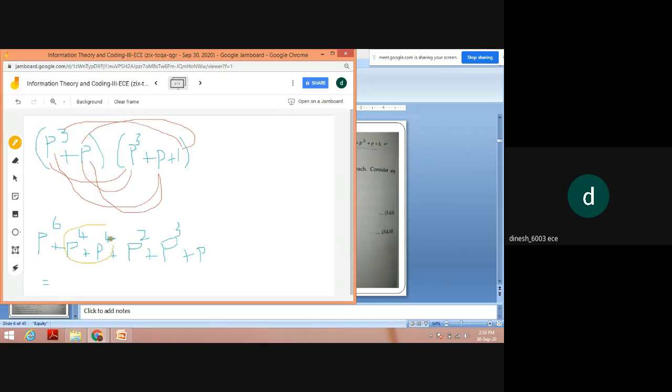This whole will become 0. So remaining are P power 6 plus P power 3 plus P power 2 plus P.